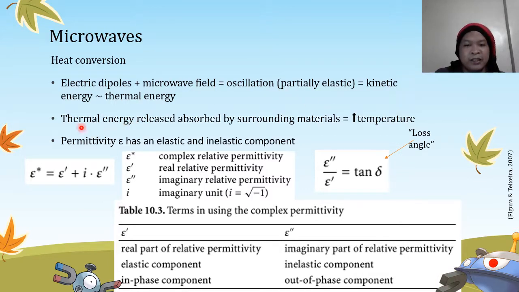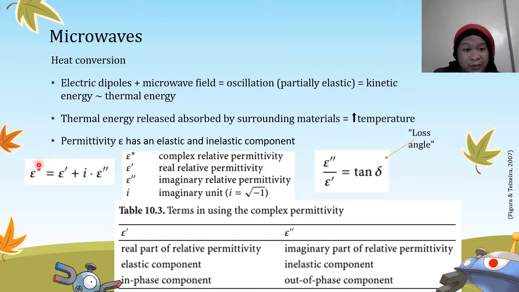Again, we're here dito sa concept ng permittivity. So, if we look at permittivity, there is what they call an elastic and inelastic component. Alright? Okay, so dito na naman tayo sa realm ng imaginary numbers.